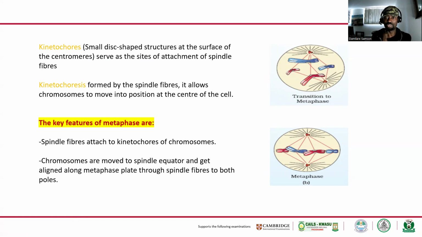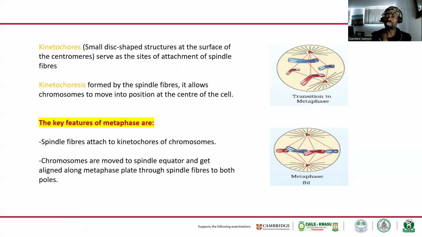I've shown you what the centromere does. The kinetochores are small disc-shaped structures found at the surface of that centromere, the centromere that joins two chromatids together to form a chromosome. You will now see the kinetochore on them, a button-like structure. What is its function? It serves as a site of attachment of the spindle fibers.